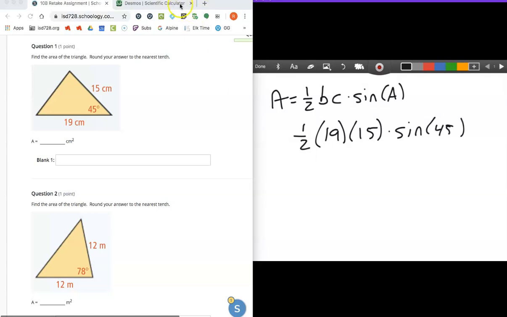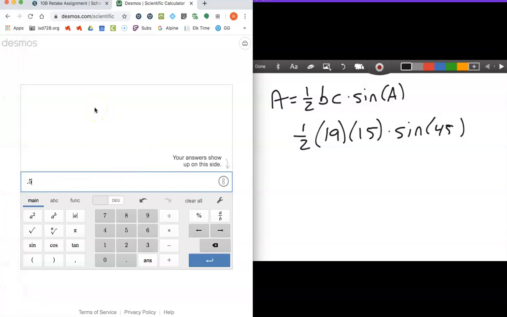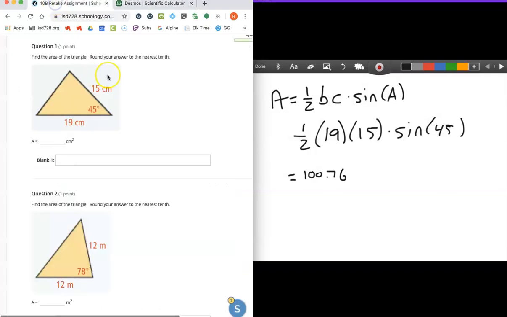So we have 1/2 times 19 times 15 times the sine of 45. Oops, not 456. So that comes out to 100.76. Again, one of the reasons you could have things wrong in your first attempt is rounding. This one says nearest tenth, so we are going to round this one up to 100.8.